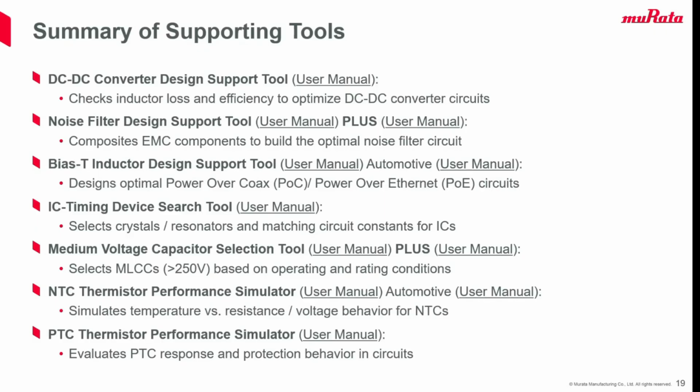The bias T inductor tool, I didn't go over, but if you are working on a power over coax application where you're combining, say, DC power and RF signals onto the same power line, it can help you optimize on the inductor selection based on either the signal transmission speed or different parameters. The IC timing device search tool helps you dedicate a specific timing device to a specific IC you might be using that requires an external clock.